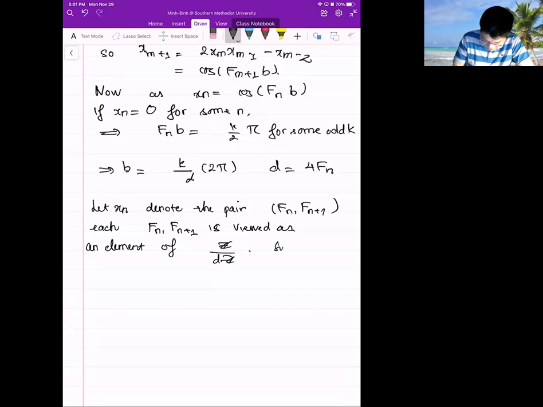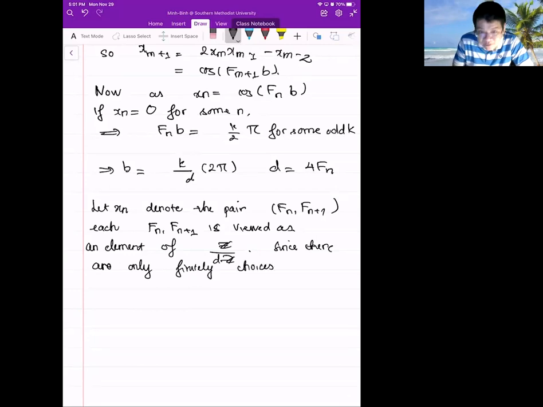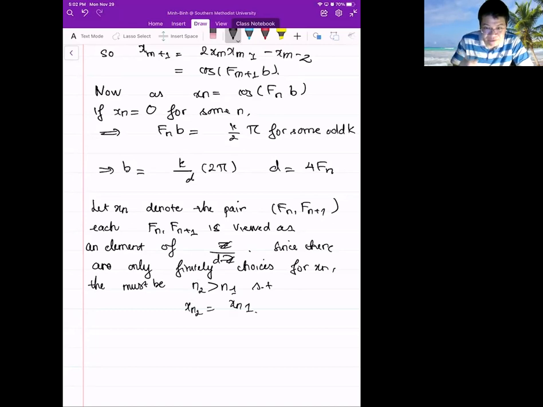So since there are only finitely many choices for xn, there must be n2 bigger than n1 such that xn2 is equal to xn1.